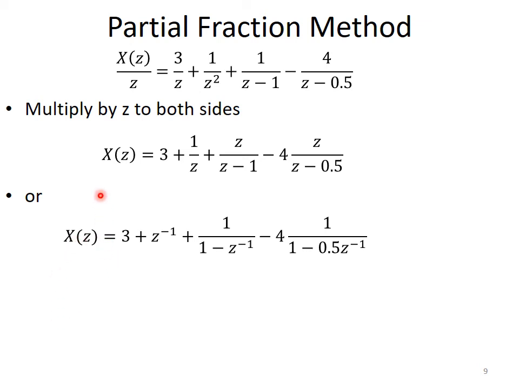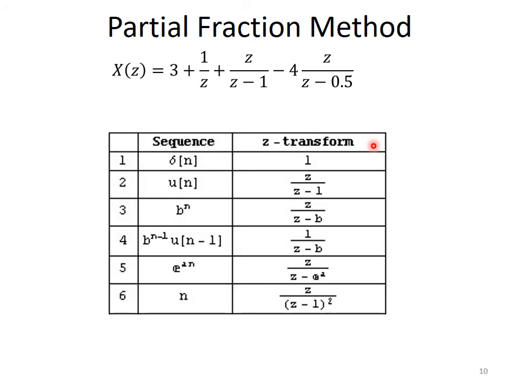In the next slide, the table that I am going to use is based on the positive powers of z, so we can use this directly. From this table you can see the Z transform of a constant like 1, like we have 3 here, is simply the impulse function.